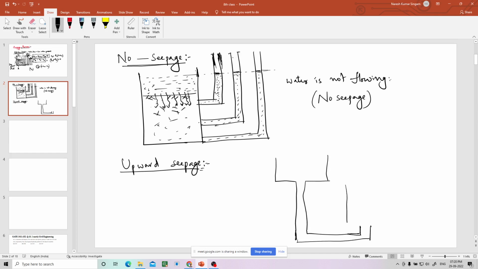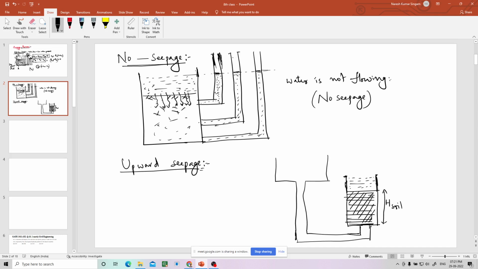Then I'll take soil sample here. This is the soil. Okay, this is the soil container up to here. This is the height of the soil. You can say this is capital H. Okay, and the container height is more than the soil height, so that it can stand some water here.